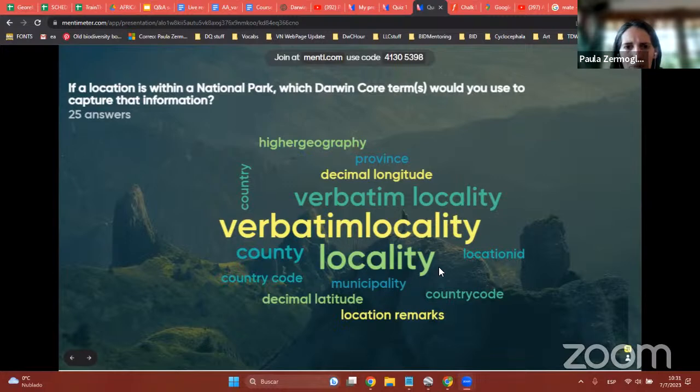We have locality, and we have other terms suggested.